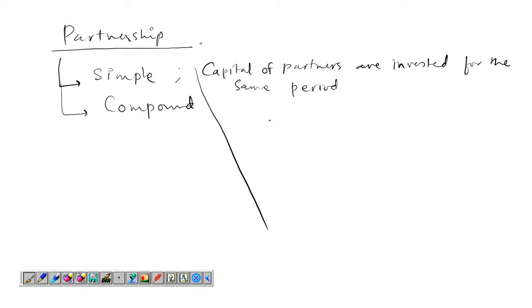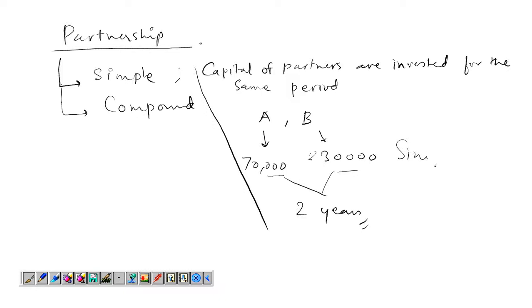It means if there are two partners, it can be more than two as well. But let's take the example of partners A and B. Suppose A has invested 70,000 rupees and B has invested 30,000 rupees. If they have invested these amounts for the same period of time, like for 2 years, then this kind of partnership is simple partnership.